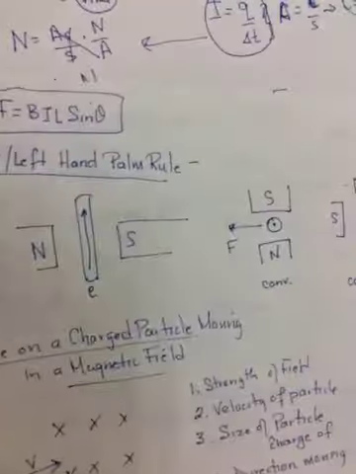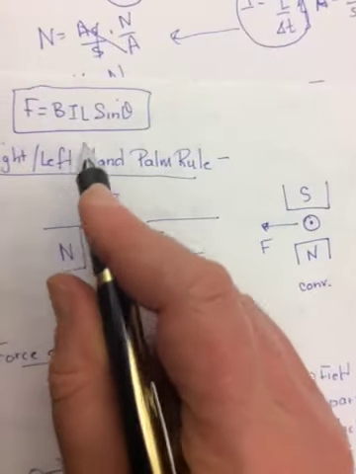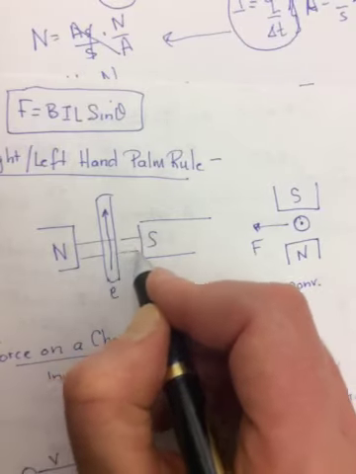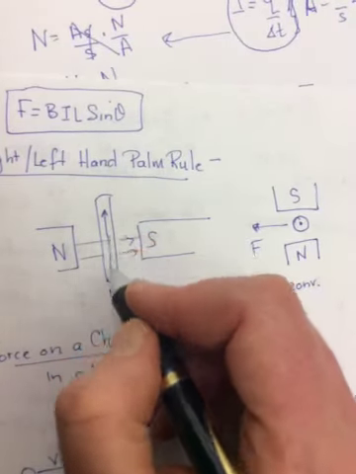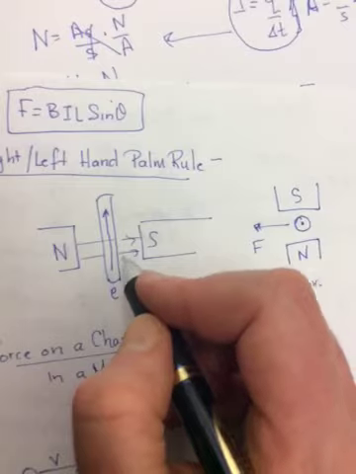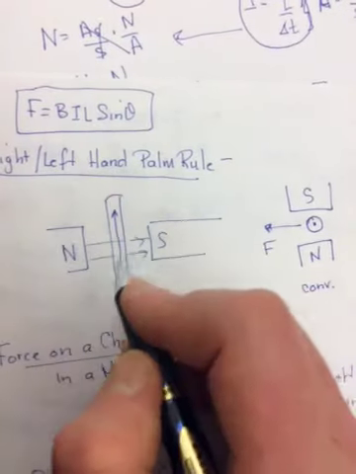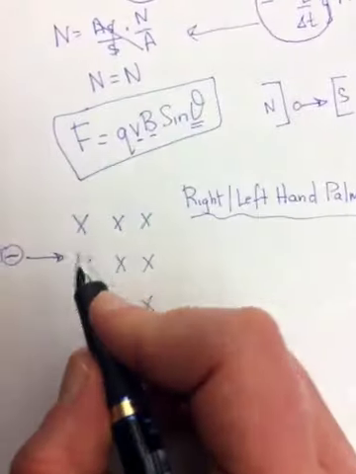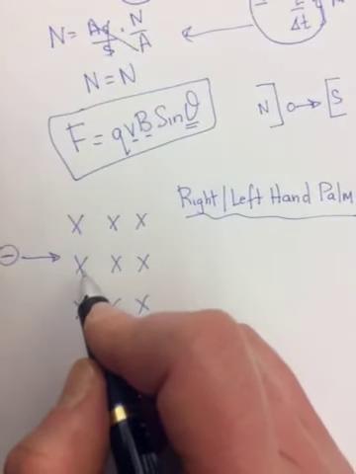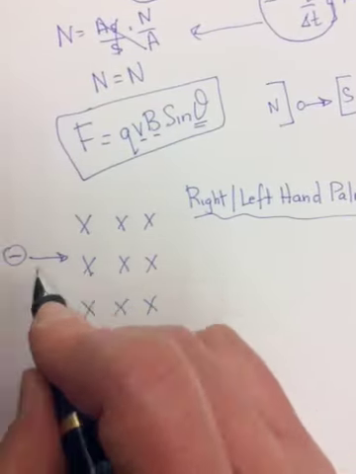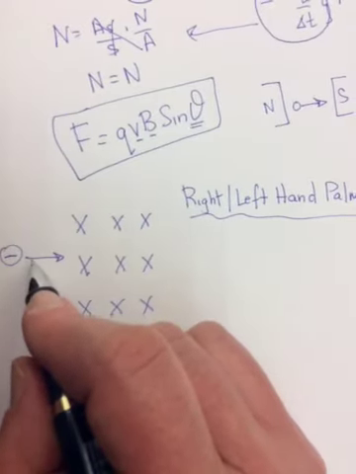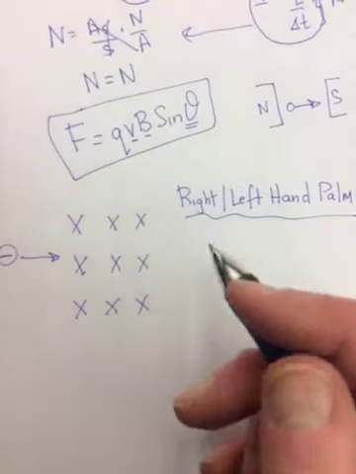If you remember the first palm rule, it was for the current carrying wire. Point your fingers in the direction of the magnetic field. Point your thumb in the direction of the current flow, and the force will come out of the palm of your hand. So that was for when it was current. This one's going to sound awfully familiar. Point your fingers in the direction of the magnetic field. Point your thumb in the direction that the charged particle is moving in, and the force will come out of the palm of your hand.